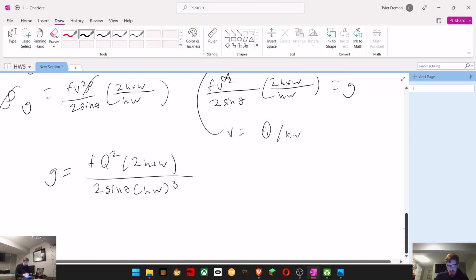Then we're going to use Python to solve this. One thing to note is that for the Fanning friction factor we're going to use Churchill's equation, again using the Reynolds number. But we did this in a previous video, so we can pretty much copy and paste that. And then we're going to use the SciPy optimize root solver to solve this equation.